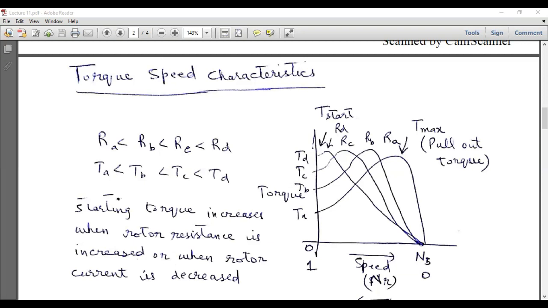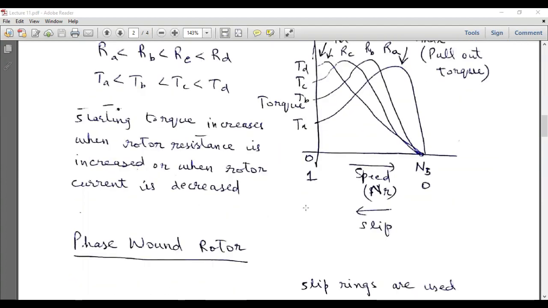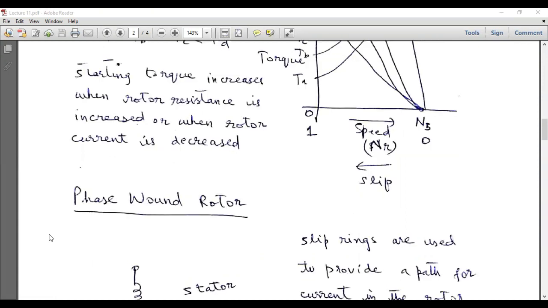And Rd is the maximum among all these resistance values. Similarly, Td is also maximum among all these torque values. So it means when we want to get high starting torque, then we must have a higher value of the rotor resistance.